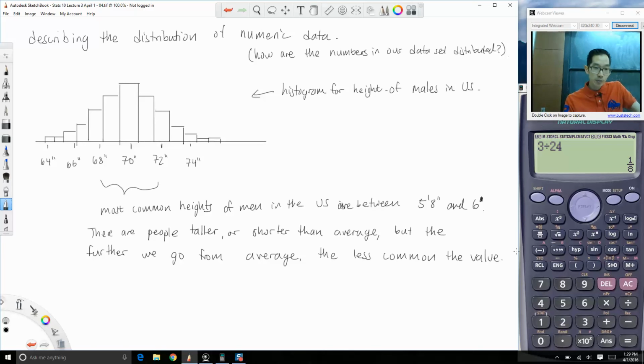Okay, and so we can kind of summarize this shape with something that looks like this. Okay, and this is where we get the term the bell curve. Or in statistics we would say this is unimodal and symmetric.